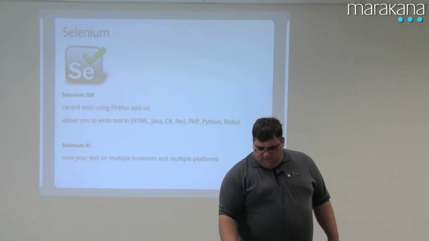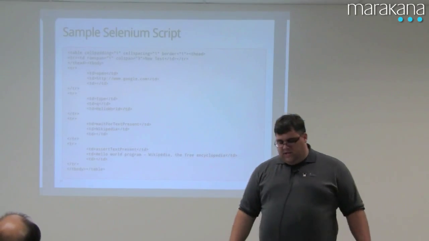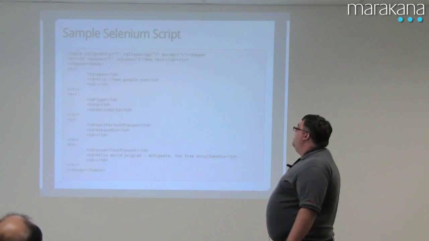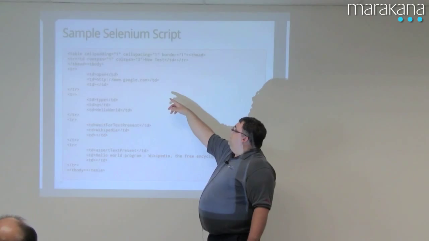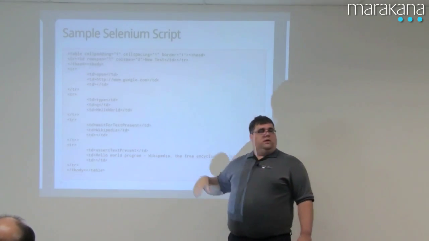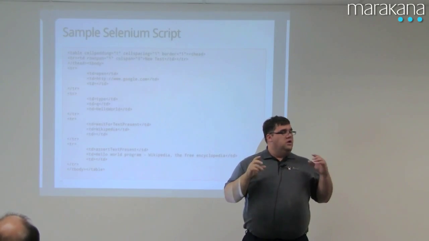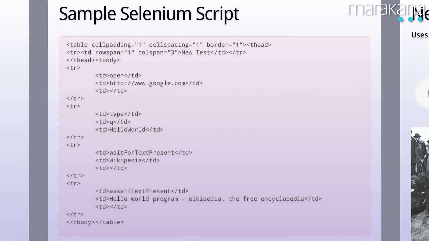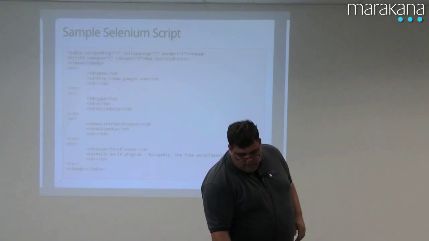So that's Selenium. And here's a sample script, very similar to what I just did, but this is done through recording. All you have to do is open up the web page, go to google.com, type in the Q, hello world, and then wait for Wikipedia to be in the results and assert that it has some sort of value there about hello world.